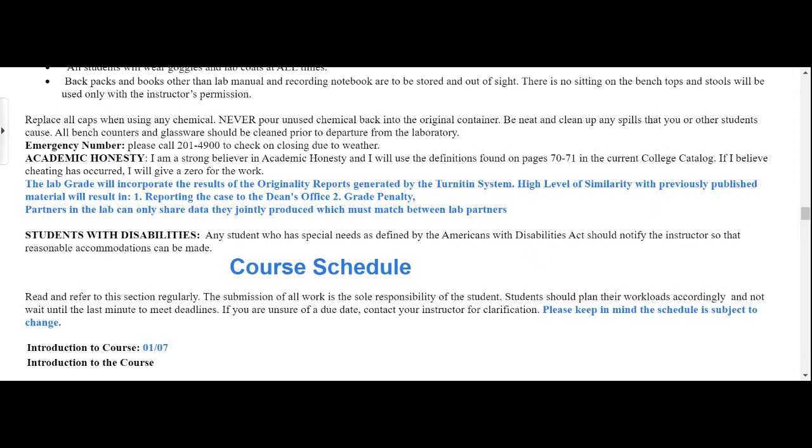Academic honesty: all the documents that you are turning in are checked with the Turnitin tool for originality, and if you have a high level of similarity, it is going to cost you points, and it will cause trouble.